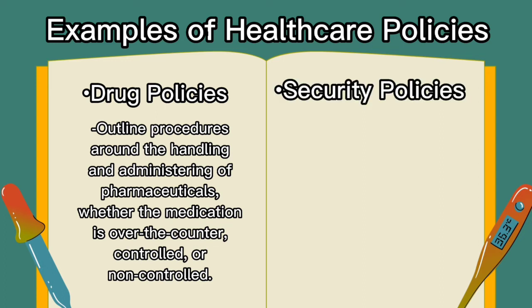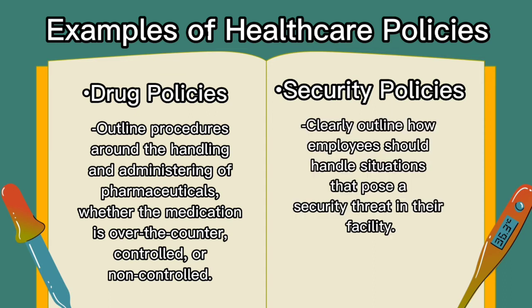Security policies. Security policies clearly outline how employees should handle situations that pose a security threat in their facility. Security policies are extremely important in any healthcare facility. They protect patients' information from release to the public.